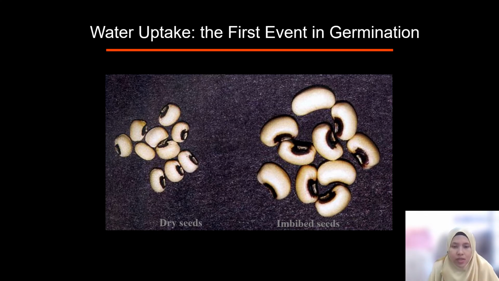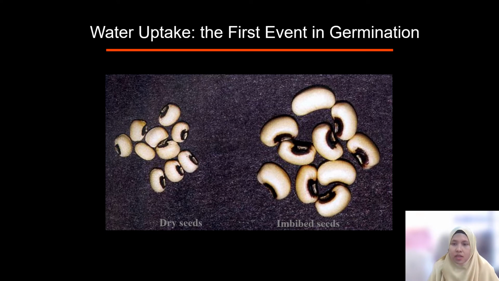Okay, and once the imbibition started, the rate of the respiration inside the seed too will increase, and a lot of metabolic processes will resume from the dormancy. Okay, so seeds will go through a dormancy process.